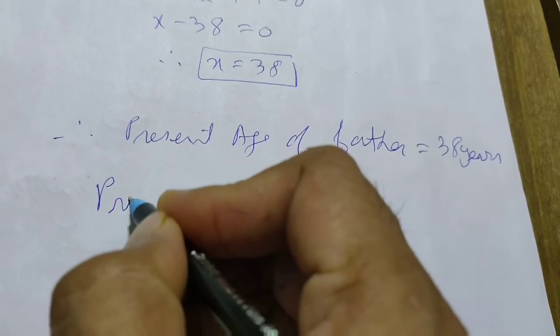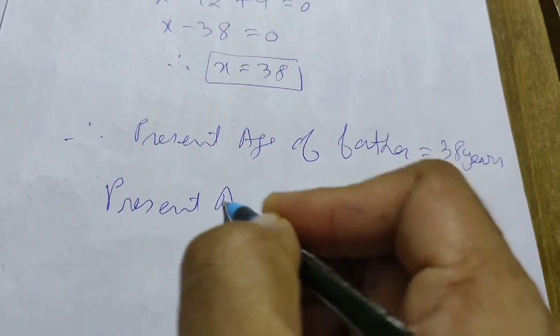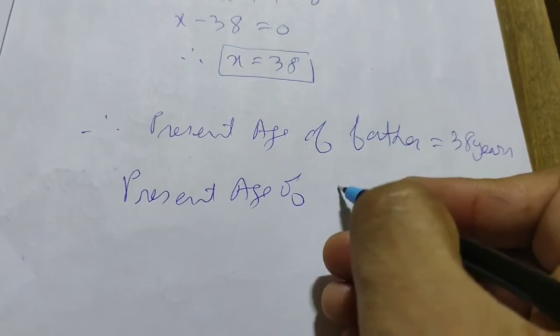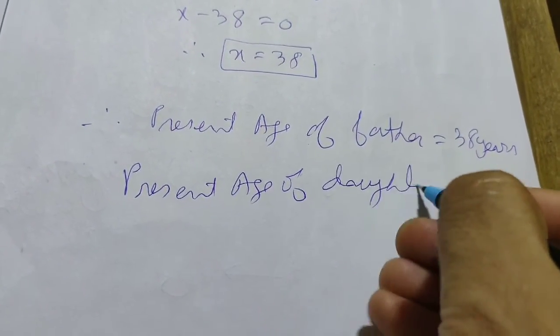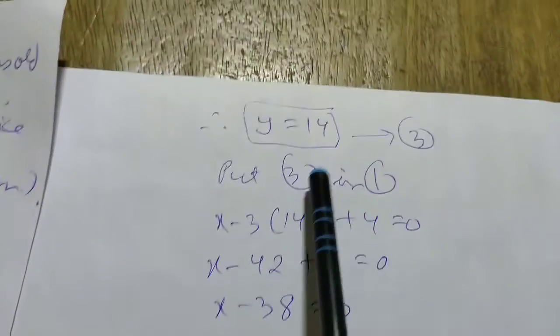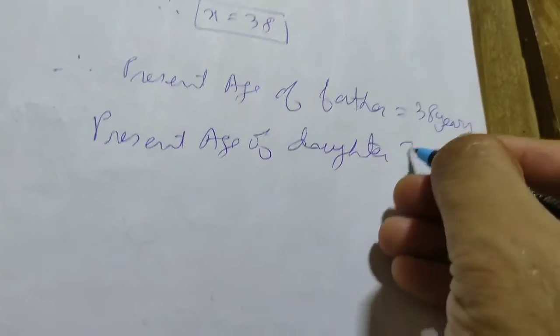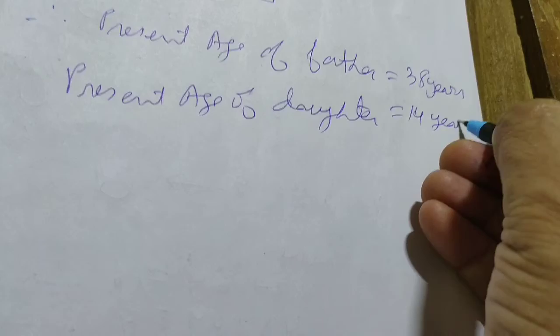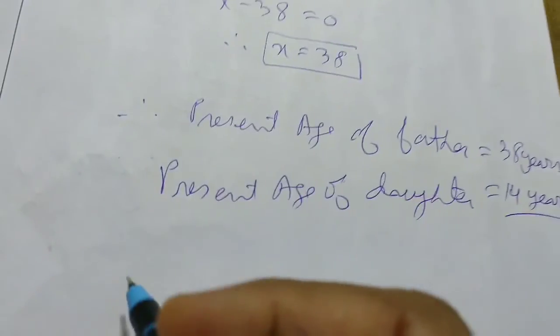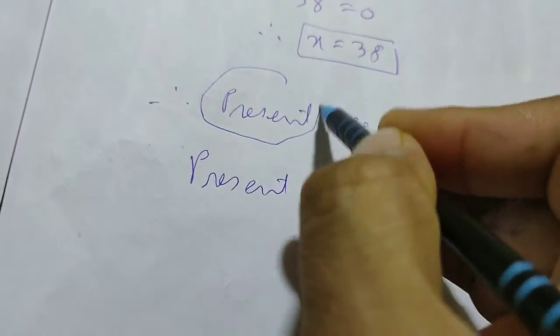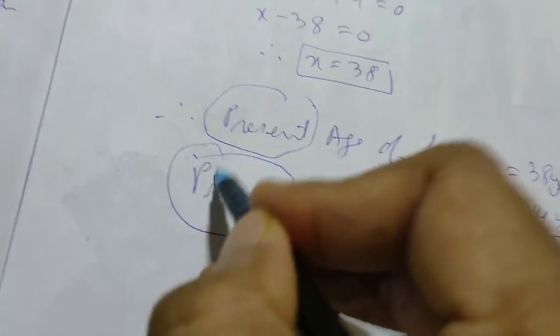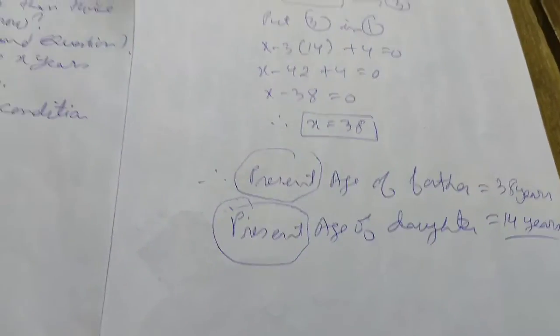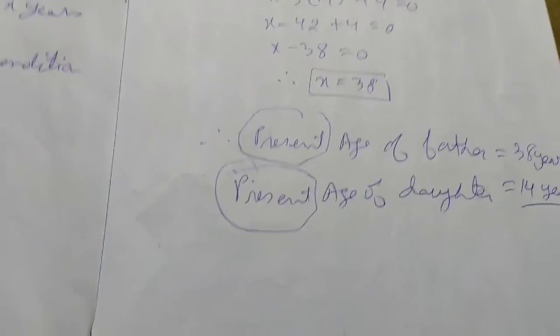And present age of daughter equal to how many years? It is the value of y, that is 14 years. So this is the answer, and do not forget to write down this word present. So this is our solution of question number 1.